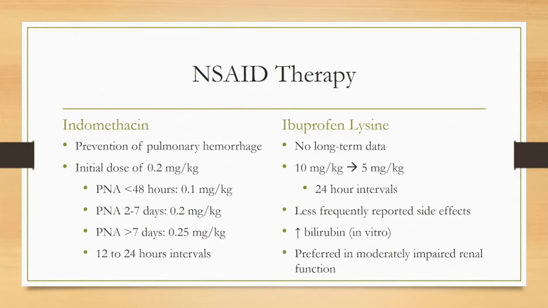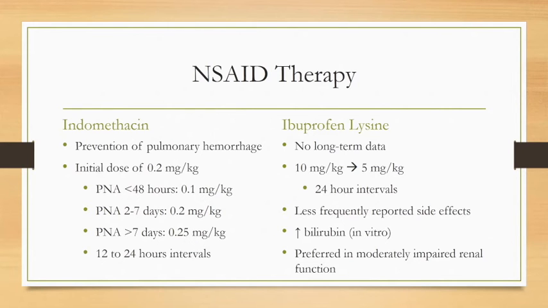So just looking at the comparison between the 2, indomethacin also prevents pulmonary hemorrhage and starts with an initial dose of 0.2 milligrams per kilogram, followed by the postnatal age determination for the following doses, and can be at 12 to 24 hour intervals.